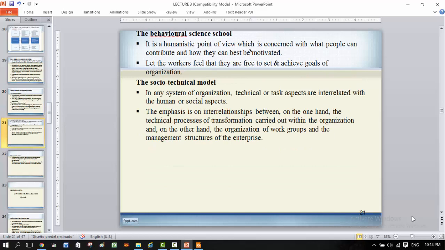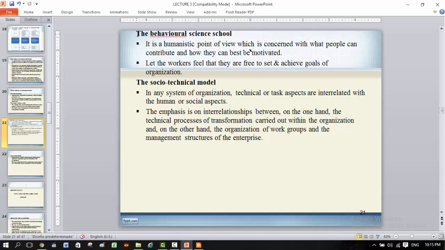The behavioral science school is a humanistic point of view which is concerned with what people can contribute and how they can be motivated. Let the workers feel that they are free to set and achieve goals of the organization.